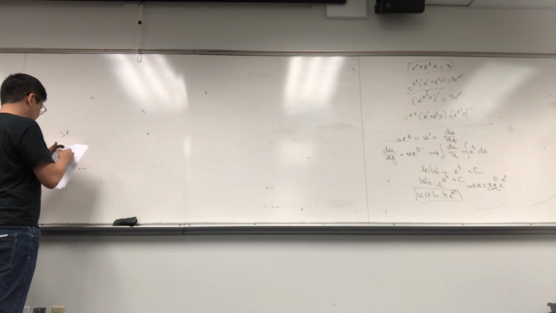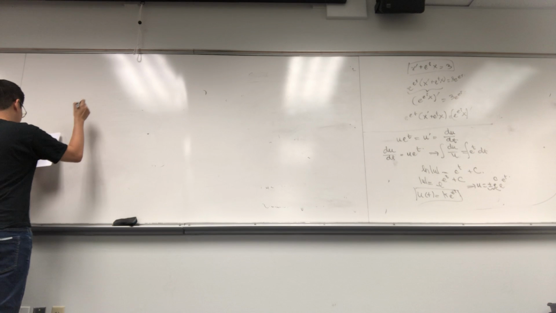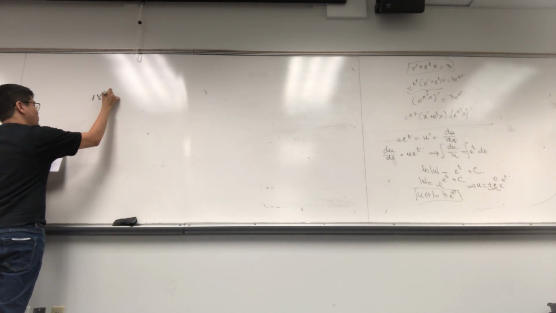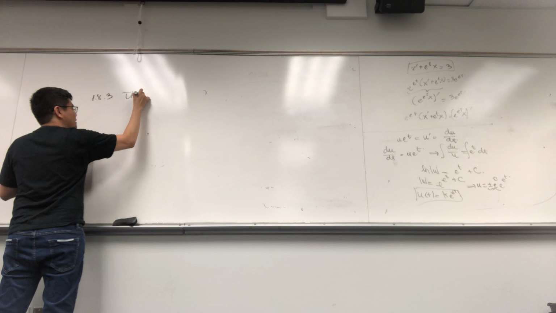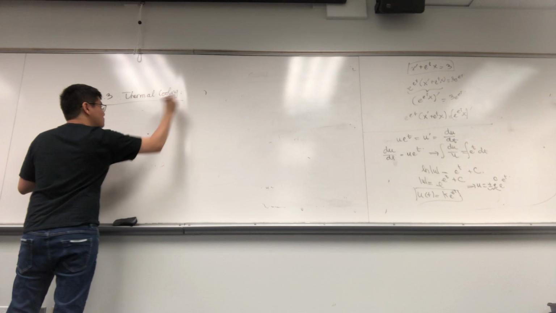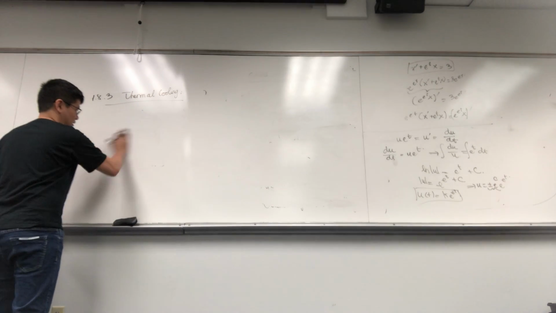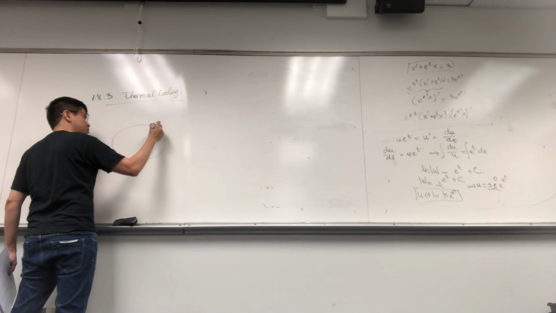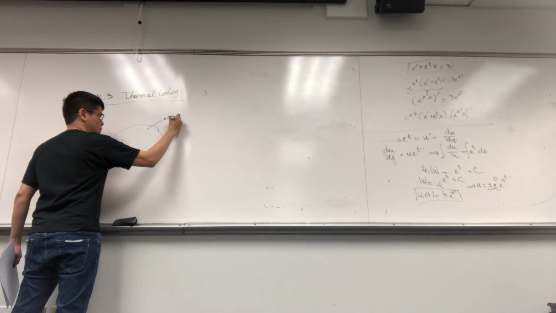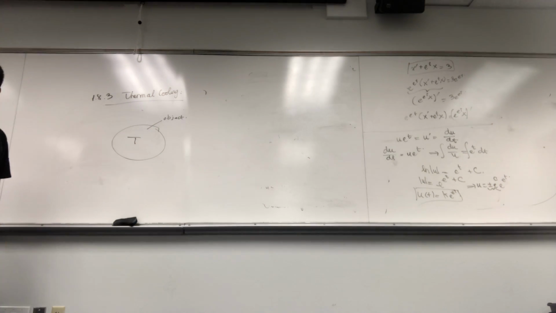So let us do thermal cooling. So 1.8.3 thermal cooling. All right, so suppose that you have an object. This is the object. And the temperature of the object is T. All right?